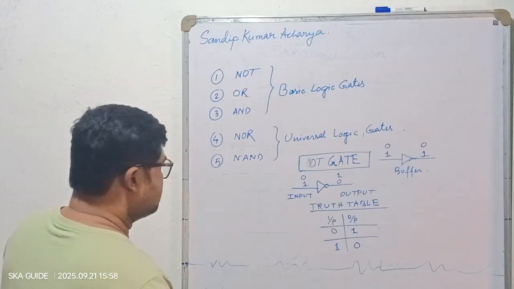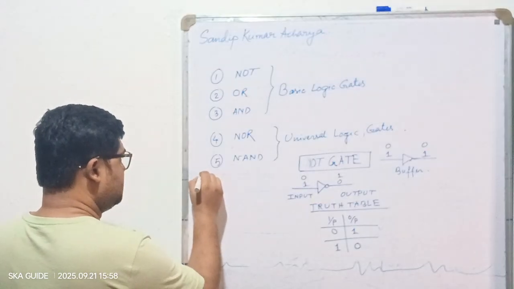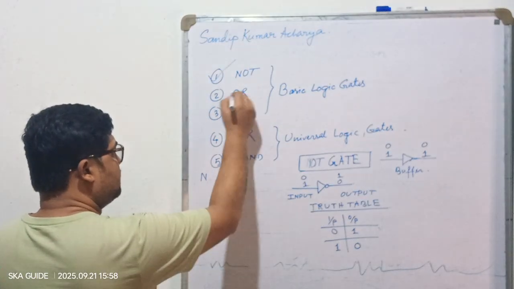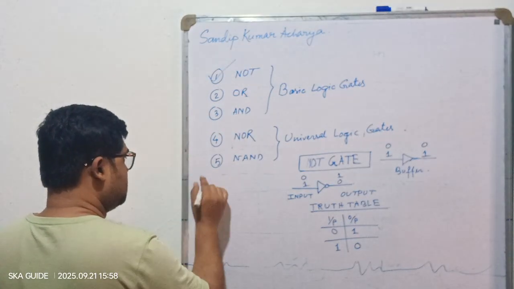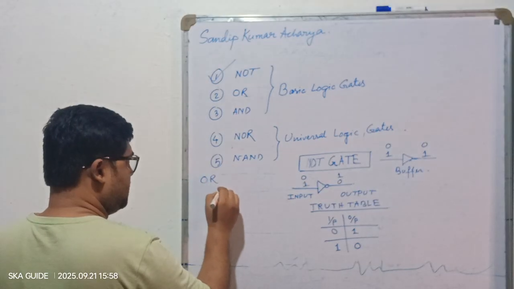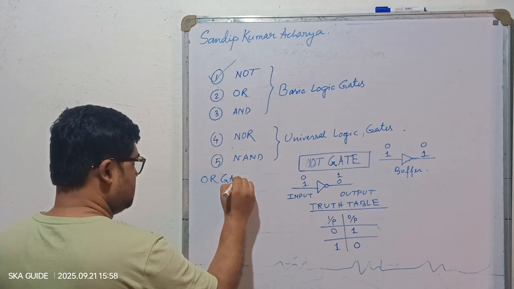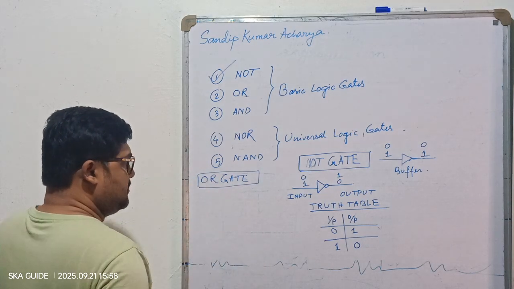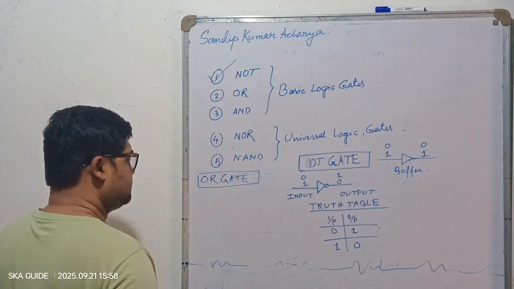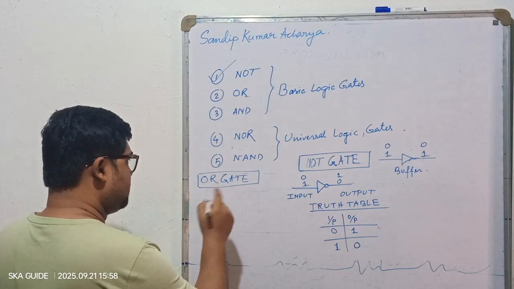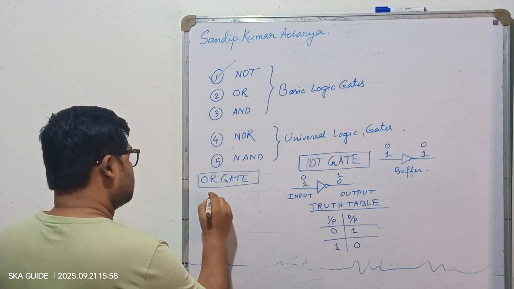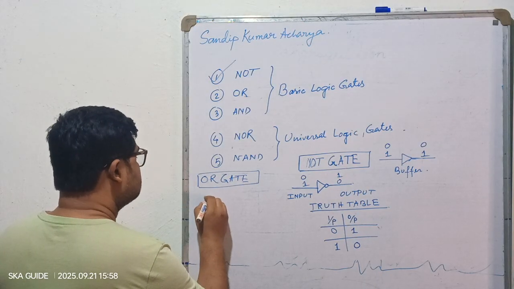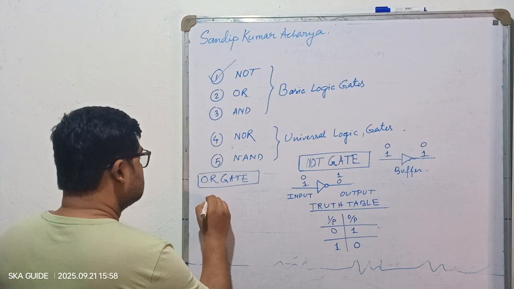Sorry, we have already discussed NOT gate. Now we will discuss OR gate. What is the circuit diagram for OR gate? It is like this. OR gate has two inputs.